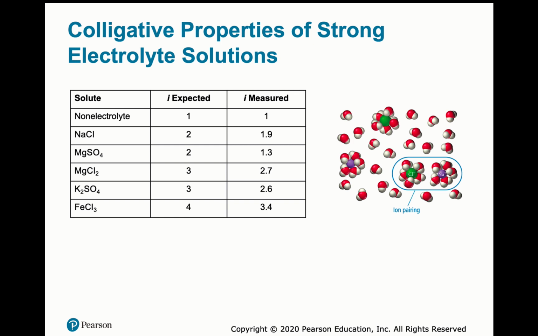Well, if you look at a solution of sodium chloride, a sodium ion and a chloride ion can come together and pair up. Now this ion pair behaves like one particle rather than two. Because of that, instead of seeing two particles from sodium chloride, we see about 1.9. That factor is known as the van 't Hoff factor.